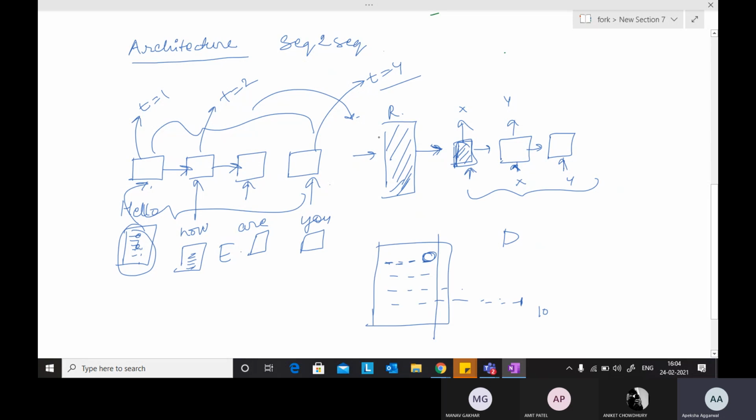But in that case this architecture would become slow, learning would become slow, because most of the time it's learning zeros, because most of the sentences were 3 or 4-word length and one sentence was 10 words long, so you cannot make the architecture with respect to that 10-length sequence, right? So for that you truncate that sequence.